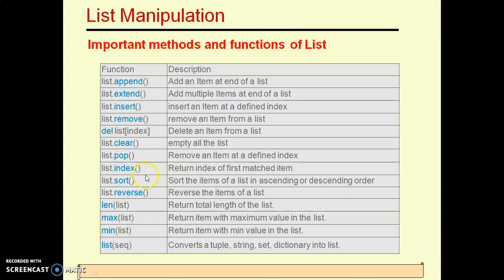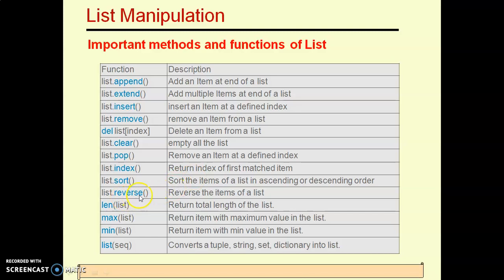Now next is list dot index. It returns the index of the first matched item. Suppose we have 3, 3, 4, 4, where there is repetition of values. Then the first occurrence will be returned. Next is list dot sort. It sorts the items of a list in ascending or descending order.